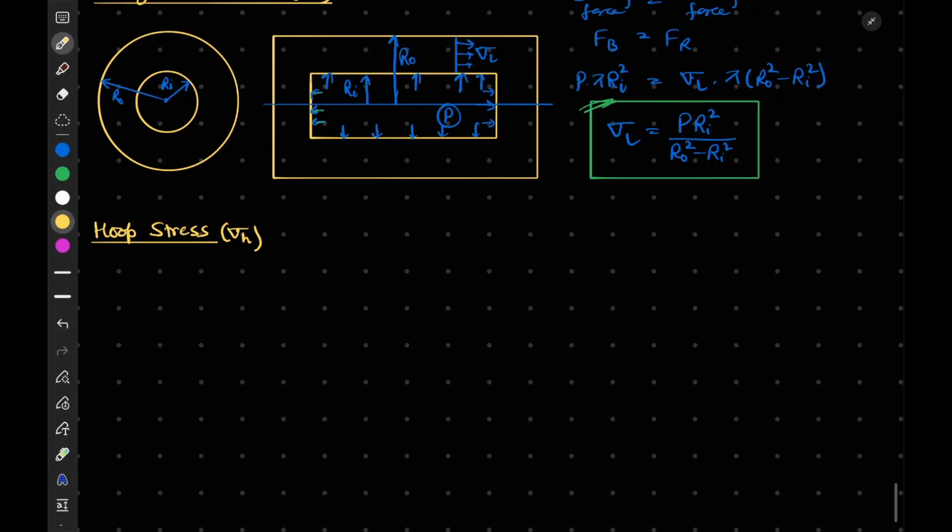Now for this, how do we write it? Let's write it together: hoop stress and radial stress. The radial stress is denoted either by sigma r or px.